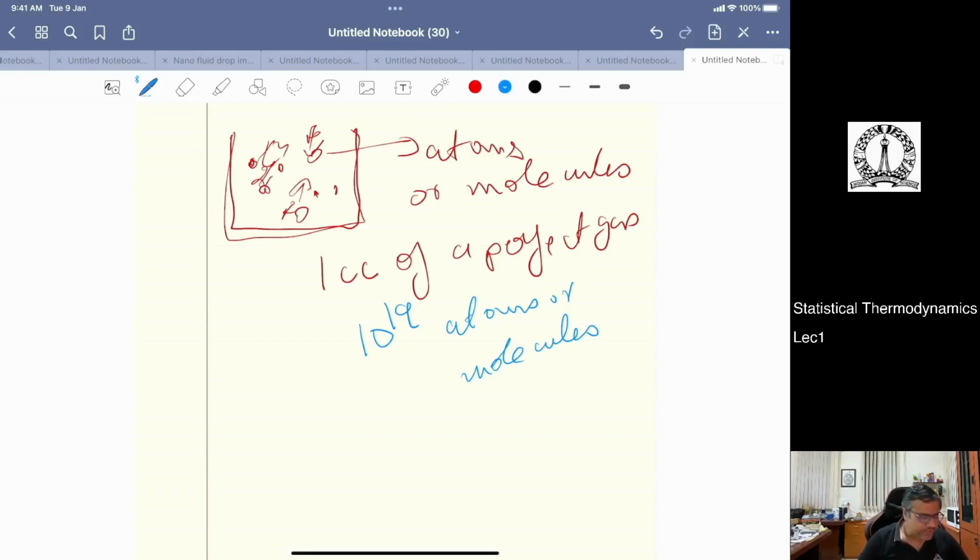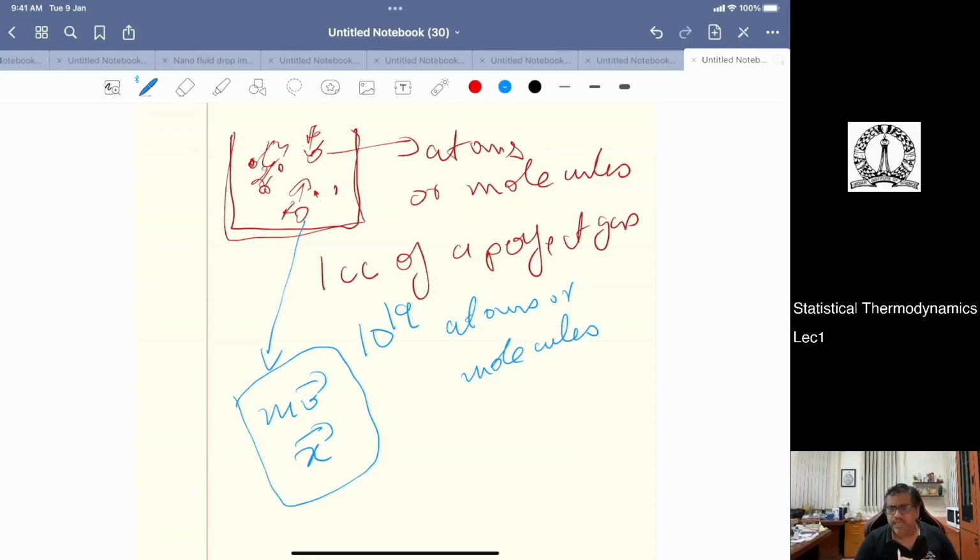And not only that, in order to describe this particular phenomenon, you have to know the position and the momentum of each of these particles, right? If you know these, then you can evolve how these particles actually move, and essentially you would be able to describe a macroscopic thermodynamic system.